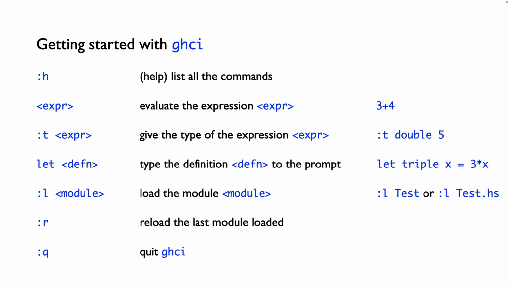And then finally, if we make a change in a definition, we can either load that module again, or we can type :r to reload the last module we loaded. And when we want to quit a session, we type :q for quit.